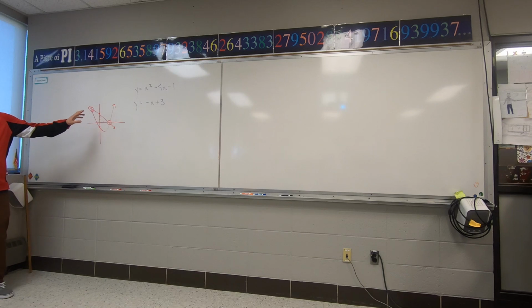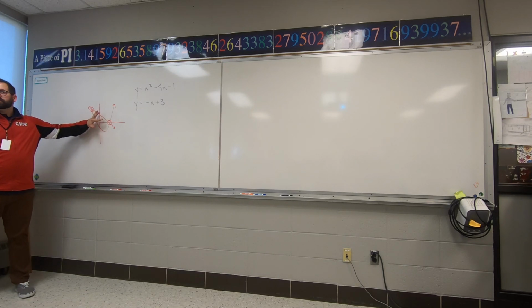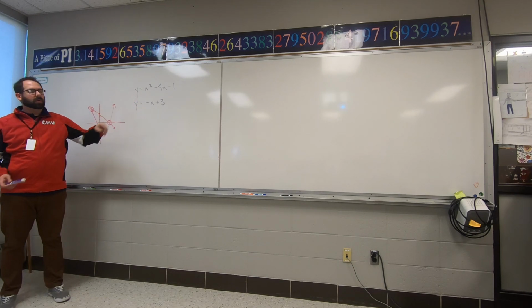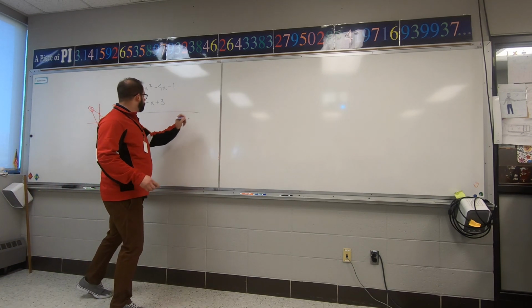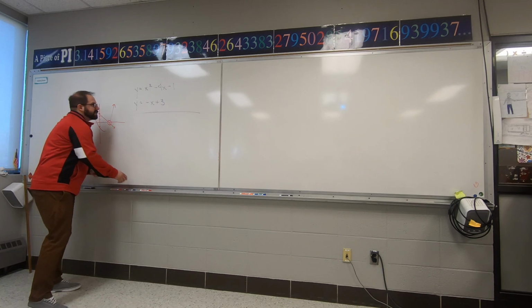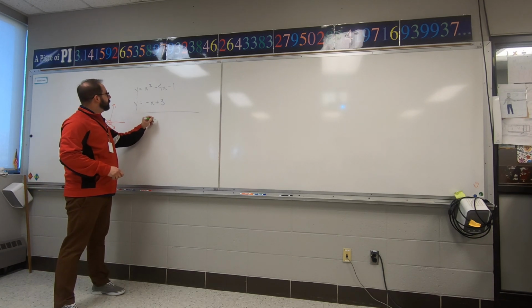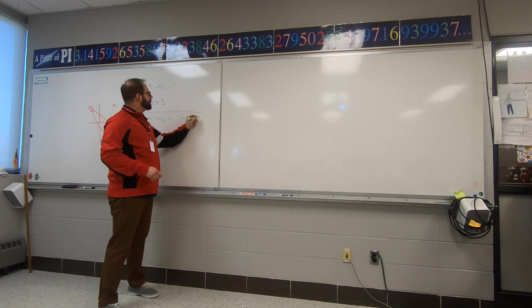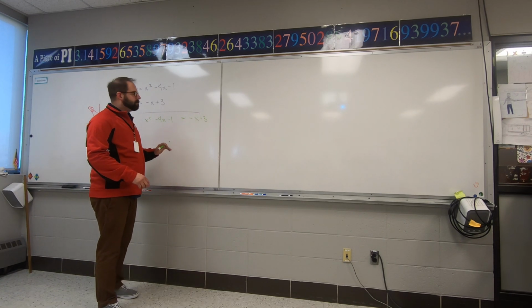So here's what you do. If I want to know right where these 2 items cross, where they equal each other, you set the 2 formulas equal. Okay, you just set them equal to each other right off the bat. So I'm going to take the x squared minus 4x minus 1 and immediately set it equal to the negative x plus 3.